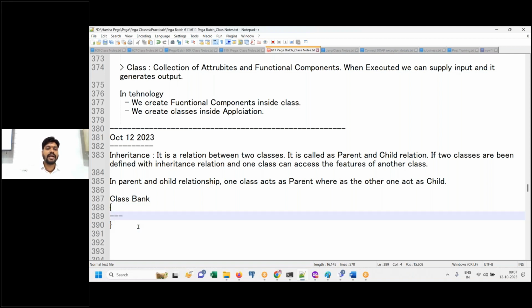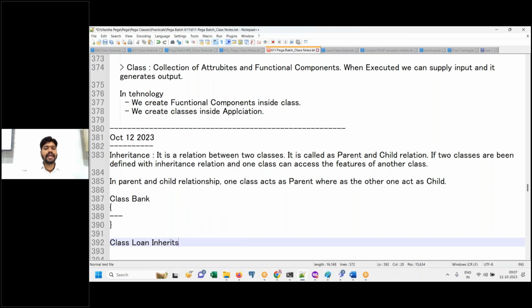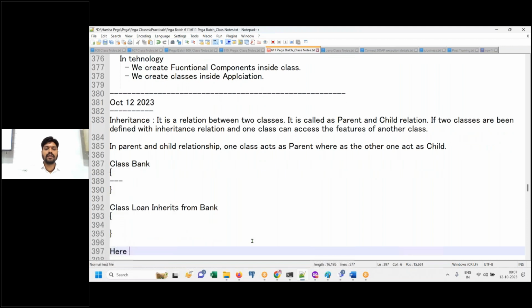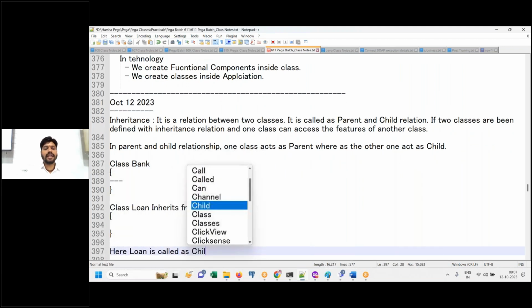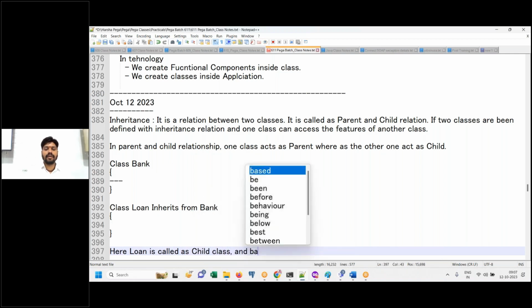Here, let's say I'm creating one more class, class Loan. Class Loan inherits from Bank. I'm writing in general language, not using any keywords. Here Loan is called the child class and Bank is called the parent class.